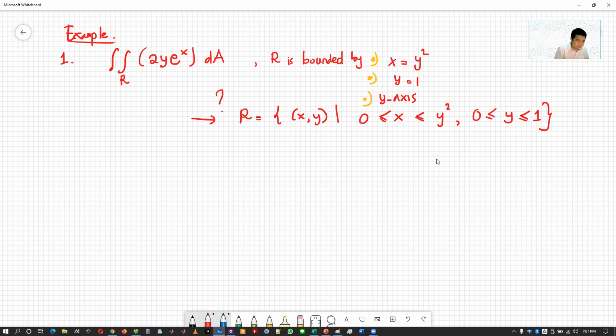We try to calculate it first. We try to draw the function itself. First of all, the first boundary, x is y squared.